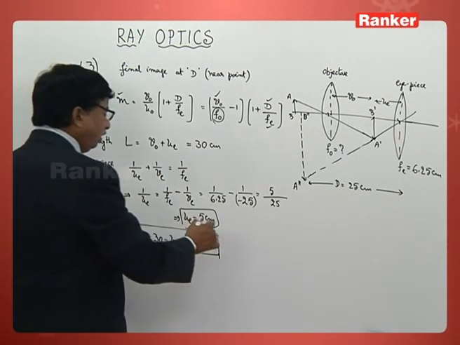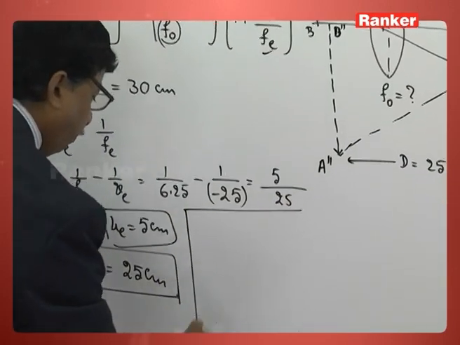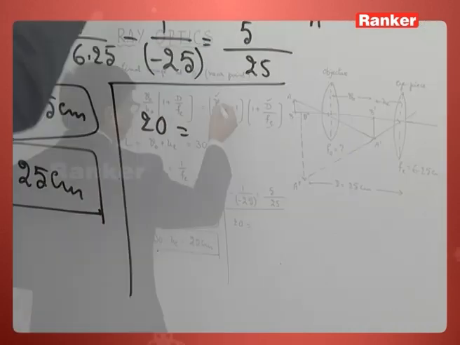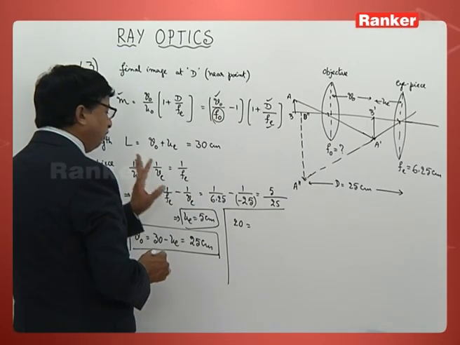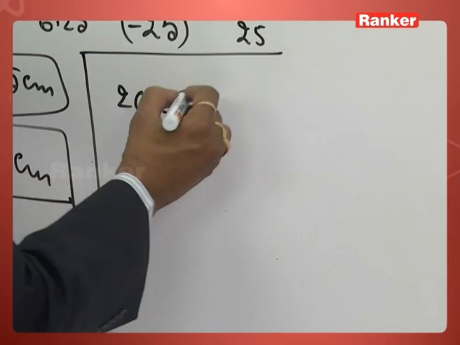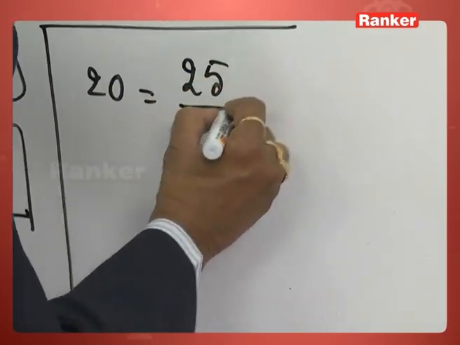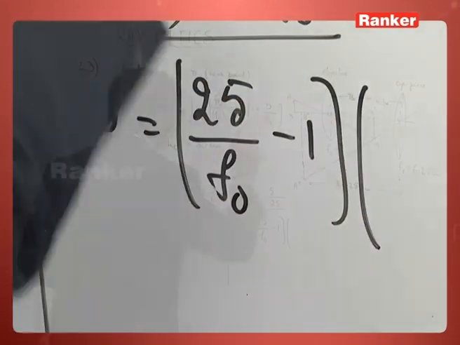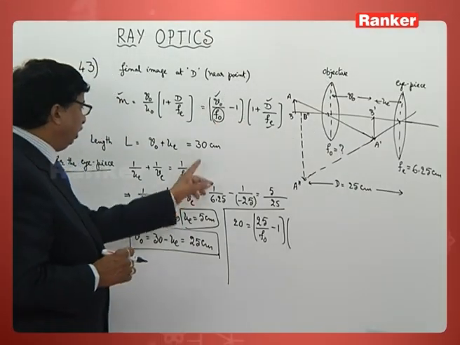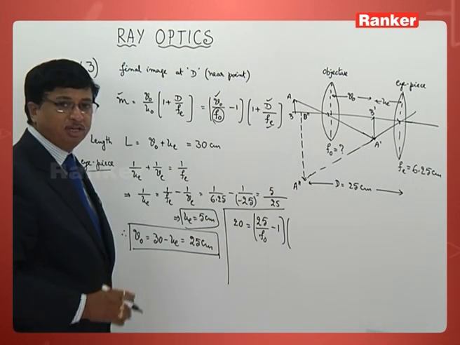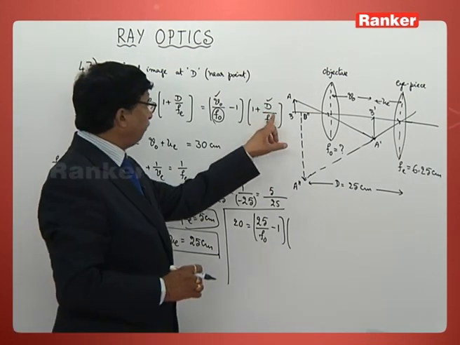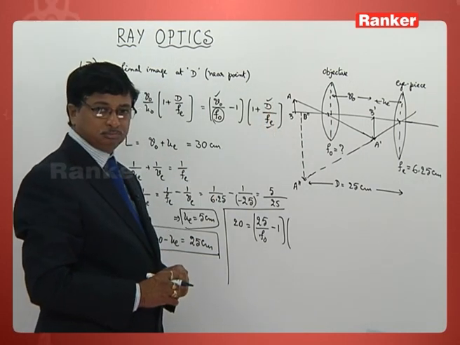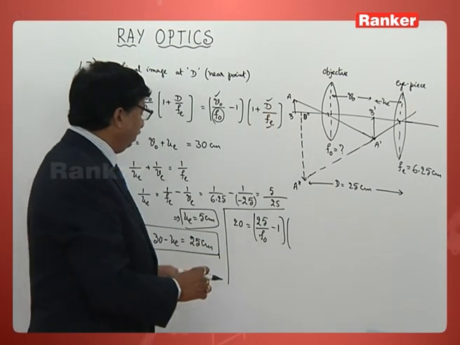So let us calculate that here. Magnification, that's 20, is equal to VO by FO minus 1. VO we have got as 25, so 25 by FO minus 1, into 1 plus D by FE. D being 25, FE being 6.25, 25 by 6.25 is going to be 4. 4 plus 1 will be 5.